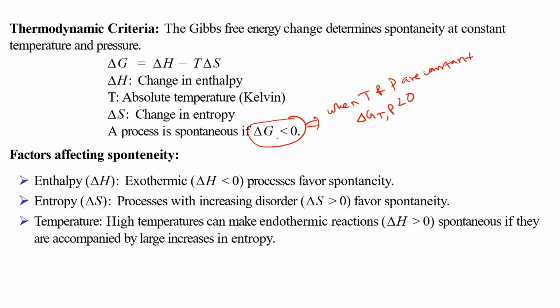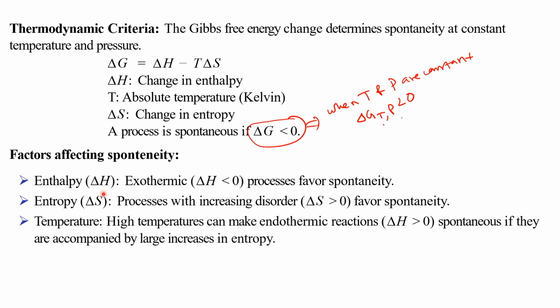For any spontaneous process, delta G at constant temperature and pressure has to be less than 0. So from there, delta G consists of two terms, delta H and delta S, right? So the sign as well as the magnitude of delta H and T delta S together will determine the value and the sign of delta G.